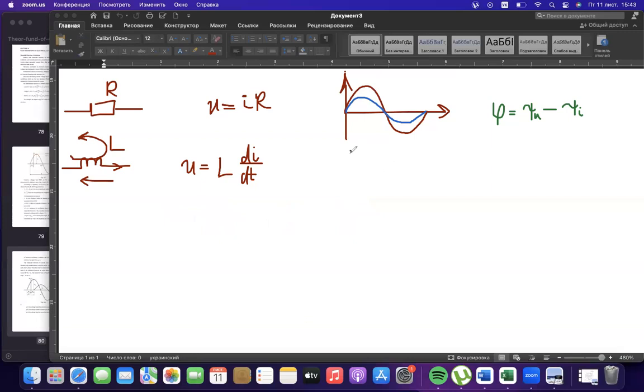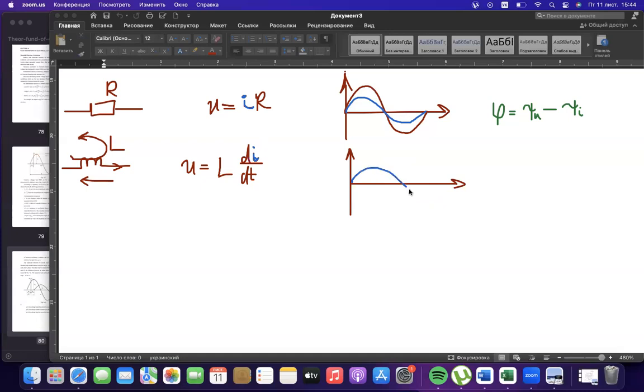Then, if our current is a sinusoidal line, for example, current we point as blue, and it is a sinusoidal function.